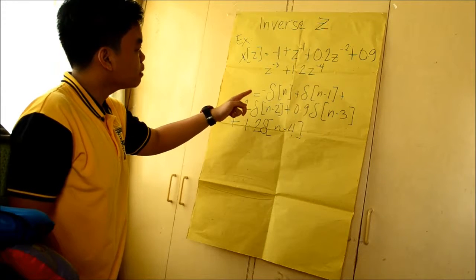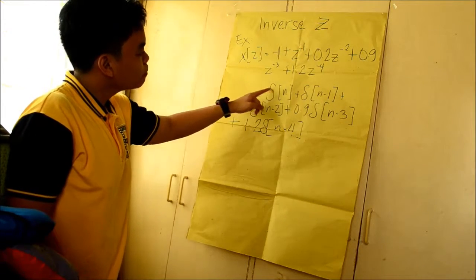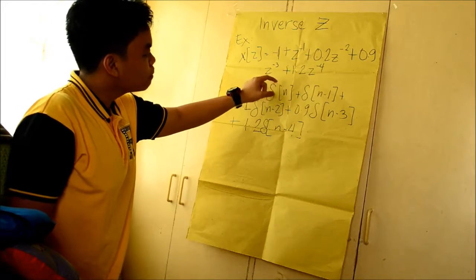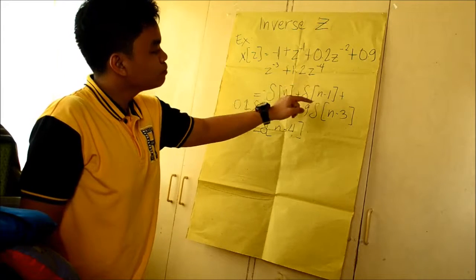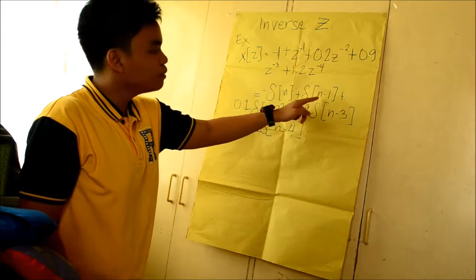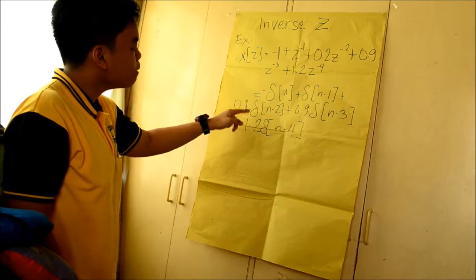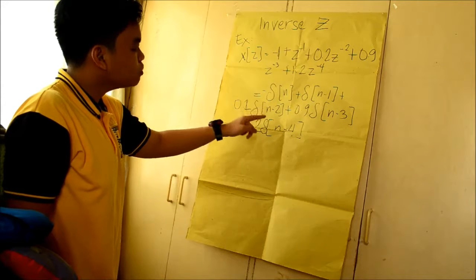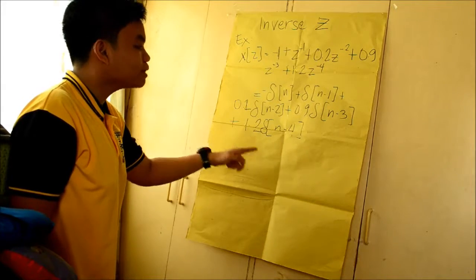So it is equal to negative delta of n plus delta of n minus 1 plus 0.2 delta of n minus 2 plus 0.9 delta of n minus 3 plus 1.2 delta of n minus 4.